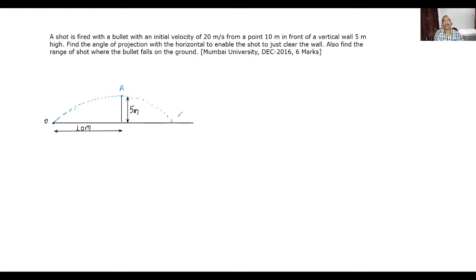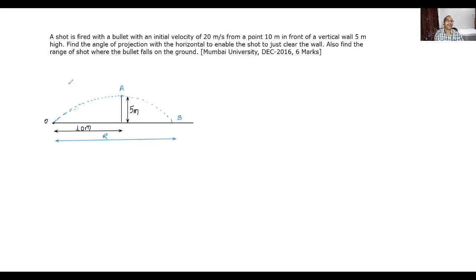That means the name of this point is B. In this case, from point O to point B, if we represent, this is the complete range of projection. That means this one you can say is nothing but range R, right?